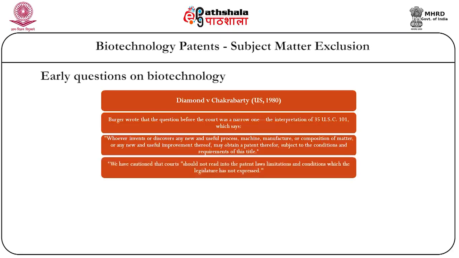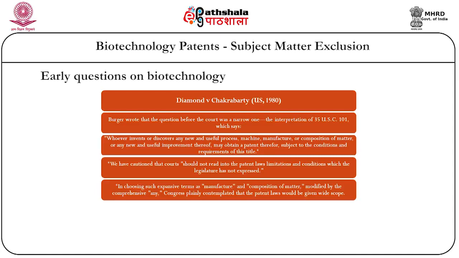So the court said, we have been cautioned that we should not read into patent laws limitations and conditions which the legislature has not expressed. In choosing such expansive terms as manufacture, composition of matter, modified by the comprehensive 'any', the court said Congress plainly contemplated that patent laws should be given wider scope.